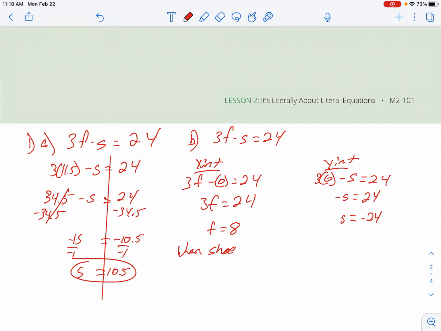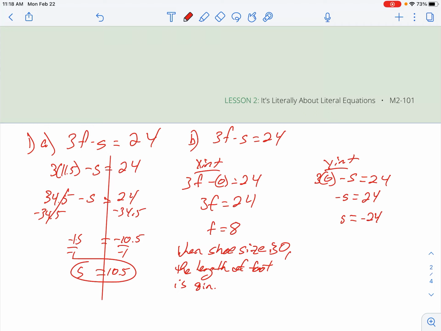So when shoe size is 0, the length of foot is, I can't write today, 8 inches.